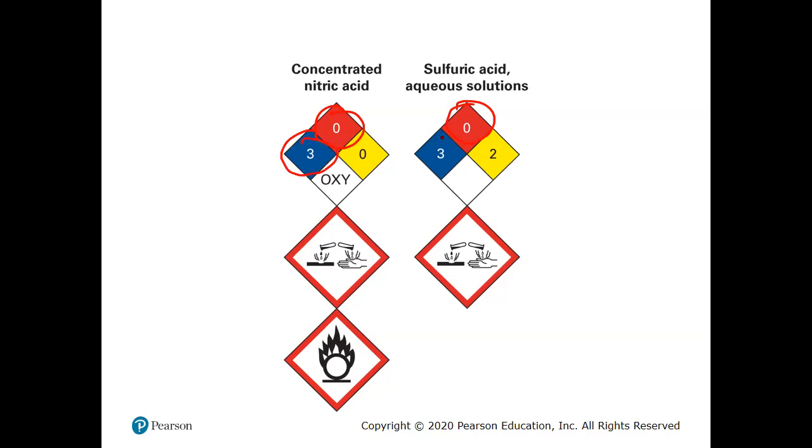Both pose considerable health issues. And although nitric acid on its own is an oxidizer, it carries no stability risk necessarily. It itself is not explosive or unstable in any kind of way.